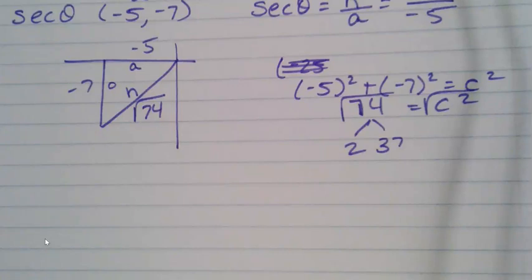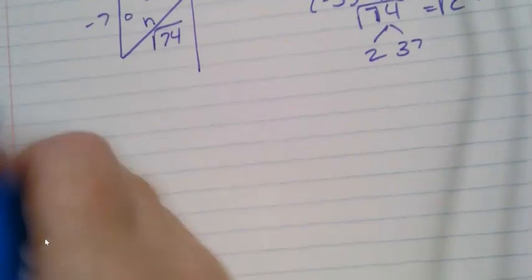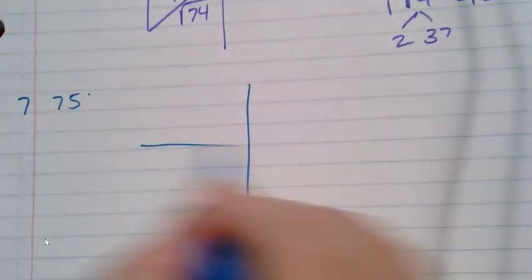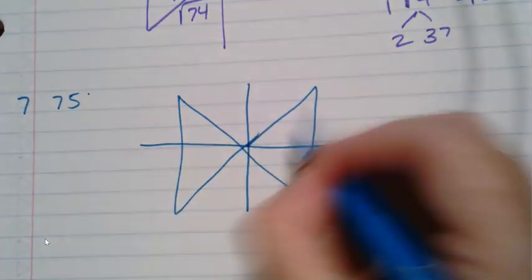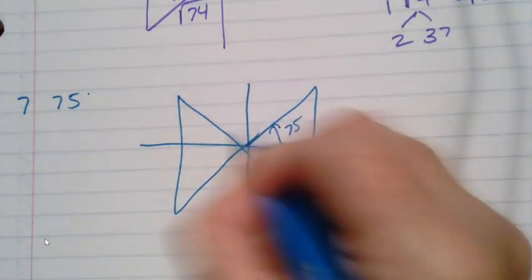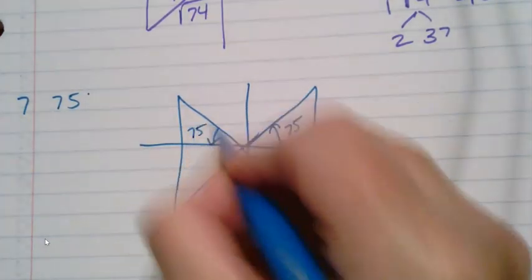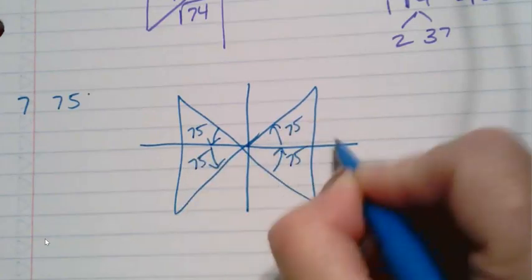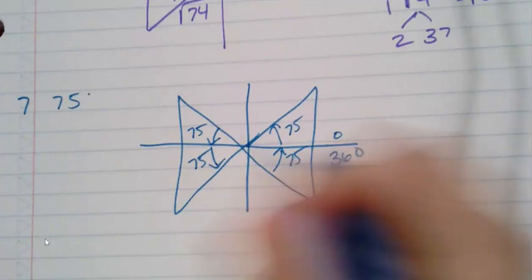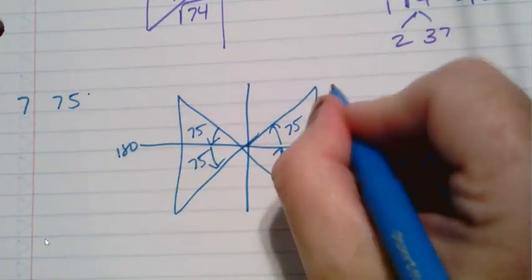Okay. Oh my goodness. I just realized I skipped number 7. I got so excited. So let's go back to number 7. This is a reference angle of 75. So we want reference angles. Okay, so remember 75, 75, 75, 0, 360, and 180. And y'all have gotten to where y'all really like this.